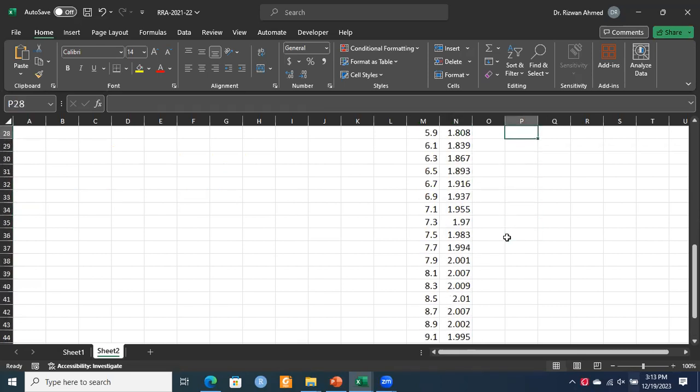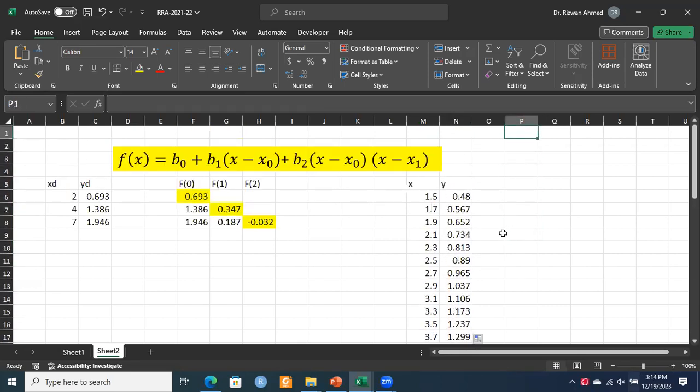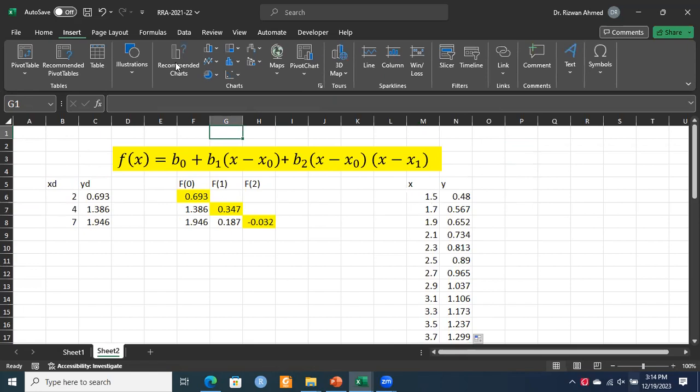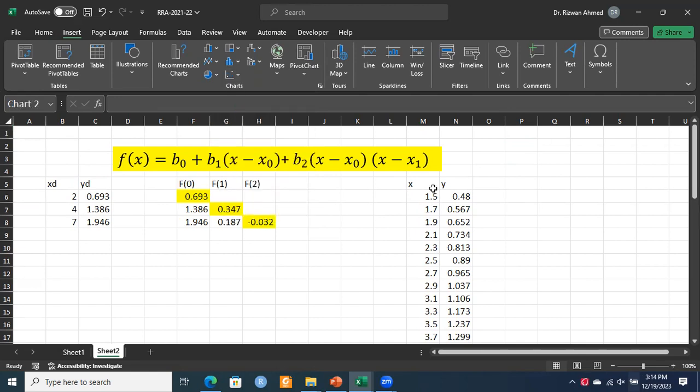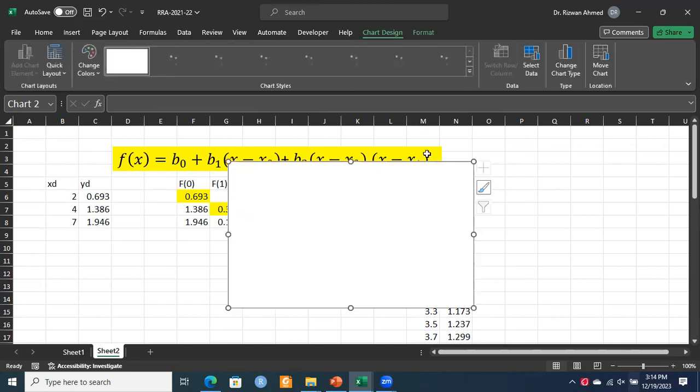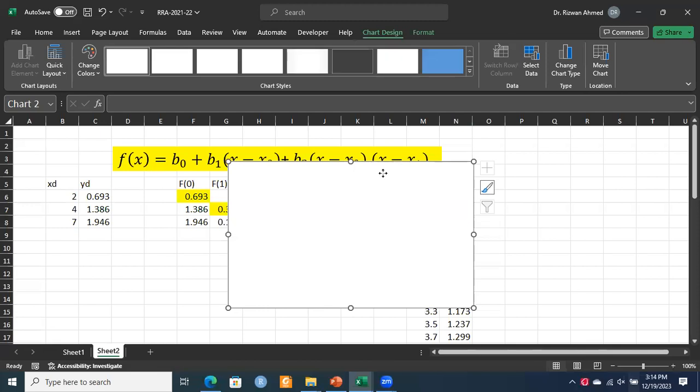And then let's do the plotting, to see the data points and to see the curve. So first data points. Okay.